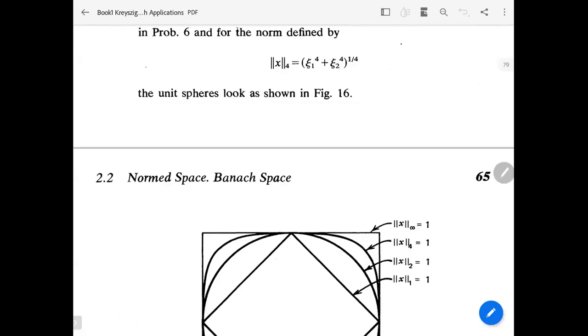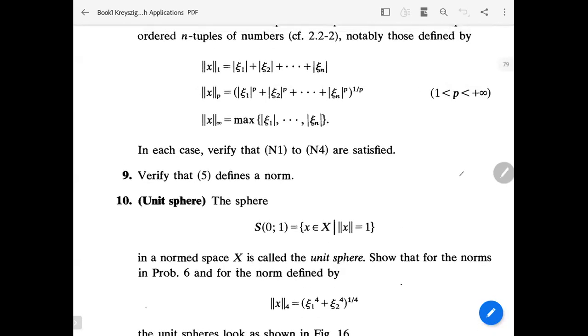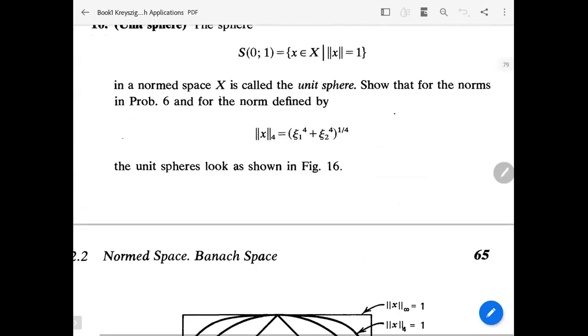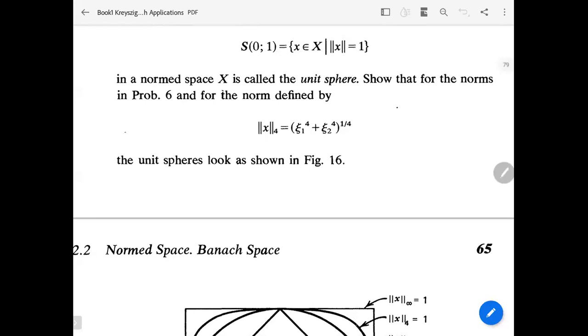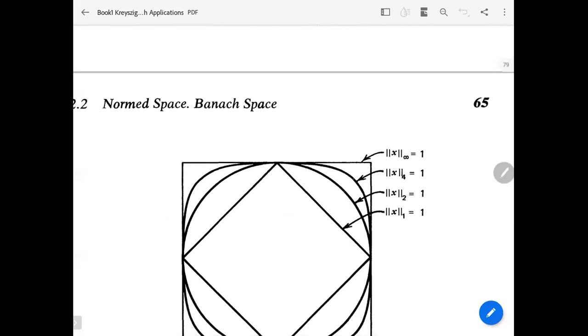That is the definition of a unit sphere in a vector space. So a unit sphere in a vector space is the set of those vectors whose norm is equal to 1. So you can consider the set of ordered pairs, and you can consider the unit sphere with respect to the 1 norm, 2 norm, 3 norm, 4 norm, infinite norm.